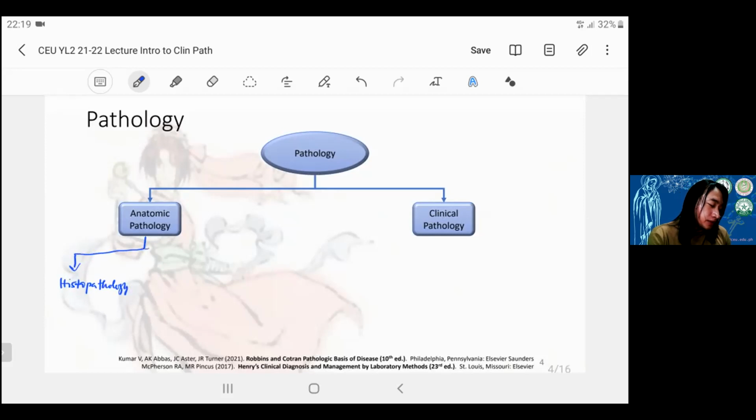And another specialty of anatomic pathology would be cytopathology. So if histopathology deals with the architectural changes of the tissues, cytopathology would zero in on the cellular morphology.